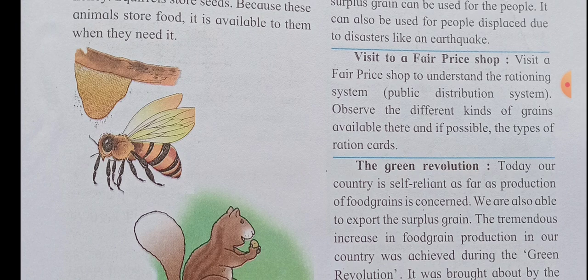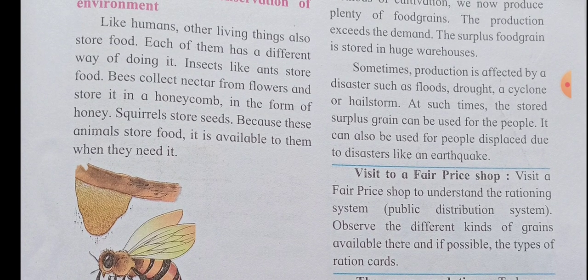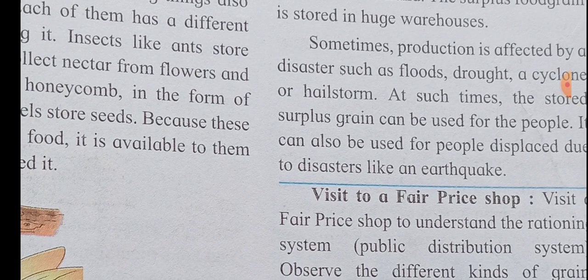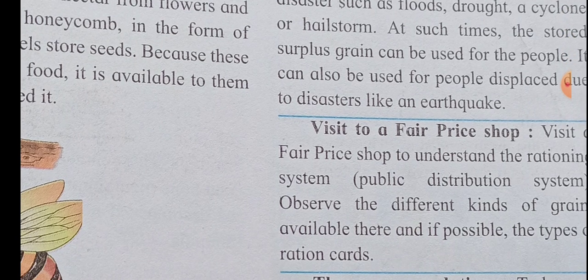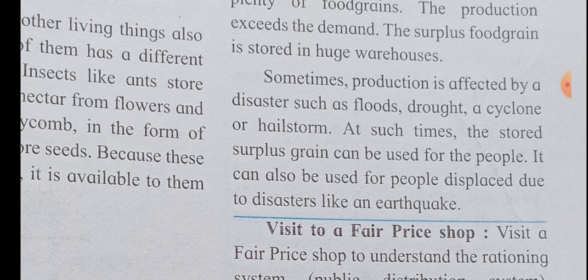When we have any natural calamity, such as floods, droughts or cyclones, food grains cannot grow in the fields. At that time there is scarcity of food grains, and the government distributes the warehouse food grains to the people. That's why warehouses are very important, and we have to take care of them.